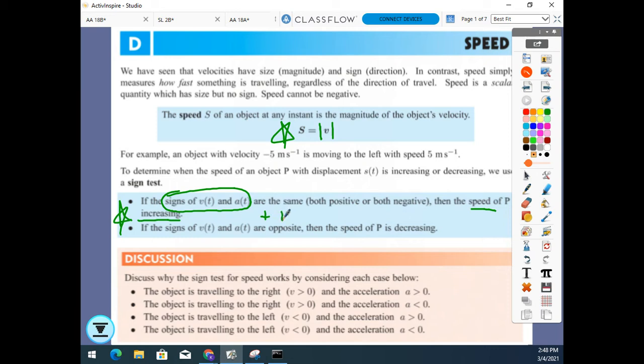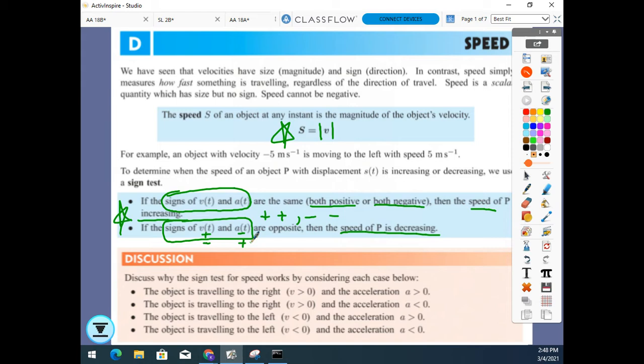So positive, positive, or negative, negative. Both positive or both negative. The speed is decreasing, slowing down, if the signs of V and A are opposite. So if your velocity is positive and acceleration negative, or velocity is negative and acceleration is positive.